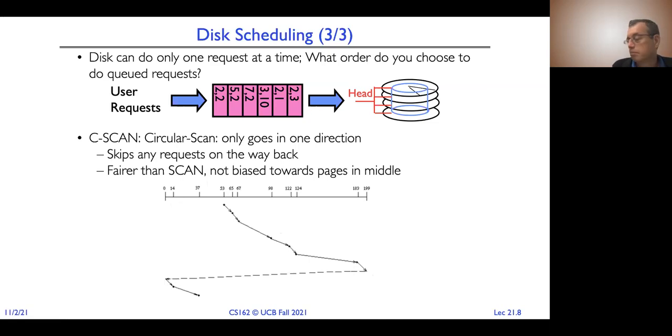So if a request just misses the head, no matter what the request is, on average it is going to wait for the same time for the head to come back to be served. This is not biased towards the pages in the middle.